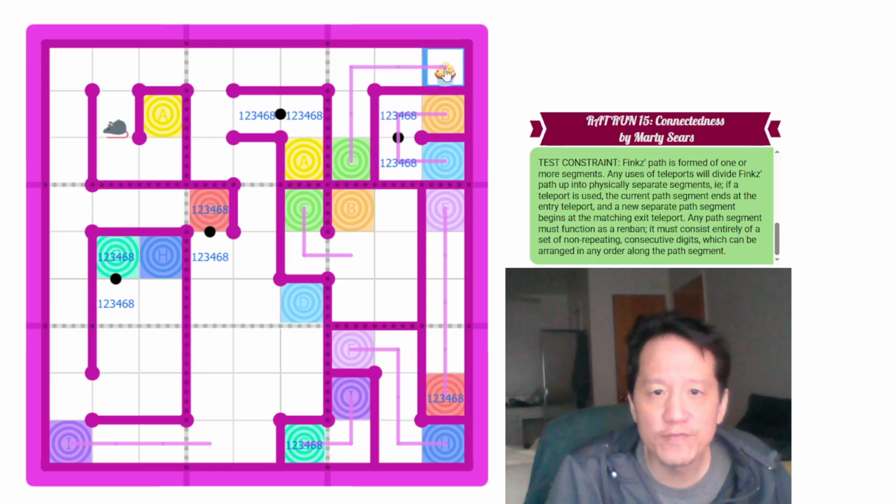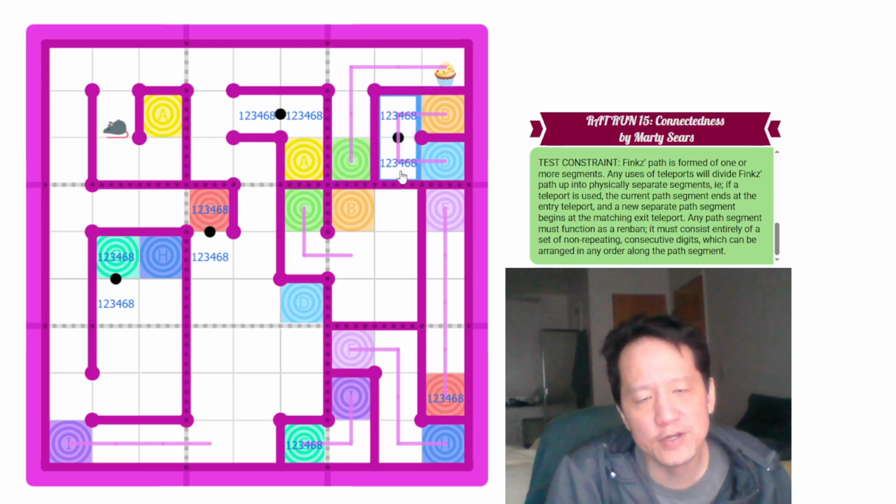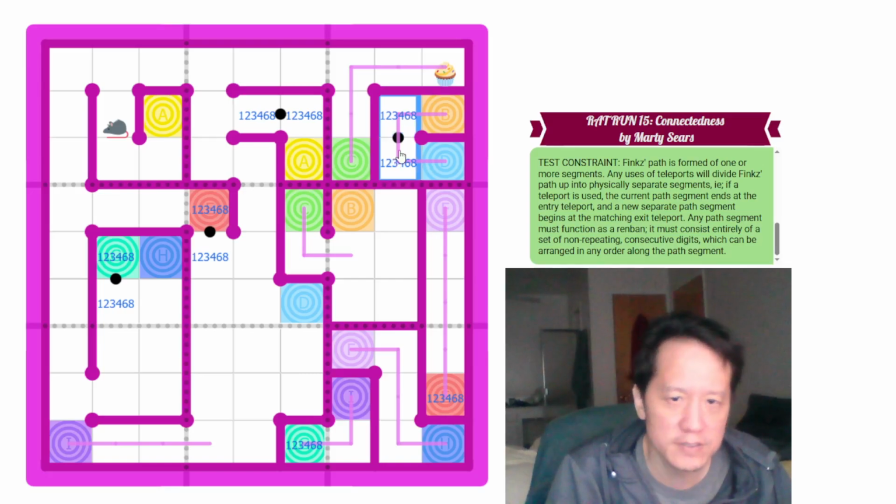So we know 5 has to be somewhere along here. And it's either... Okay, the problem with this is this has to be both lows, right? It cannot be two highs. Or sorry, it's not possible for it to be two highs.